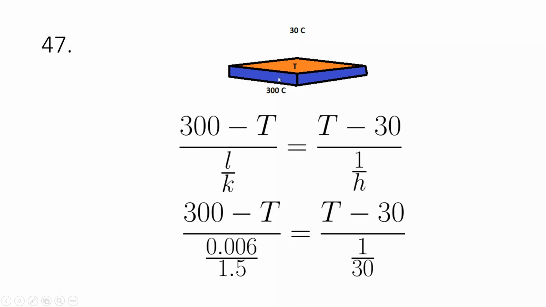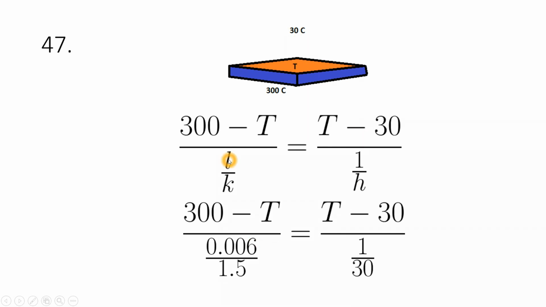So heat transfer through the slab will be 300 minus T divided by L by K. That is a resistance. L by K is the resistance, and it should equal T minus 30 upon 1 upon H, right? In case of convective heat transfer, the resistance is 1 by H. No problem with this.